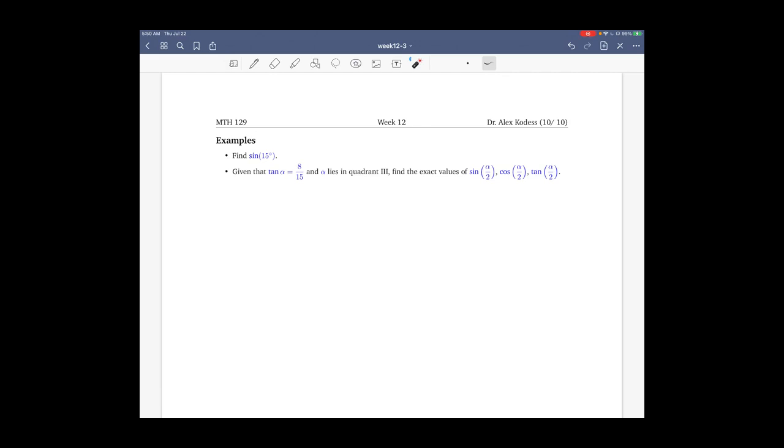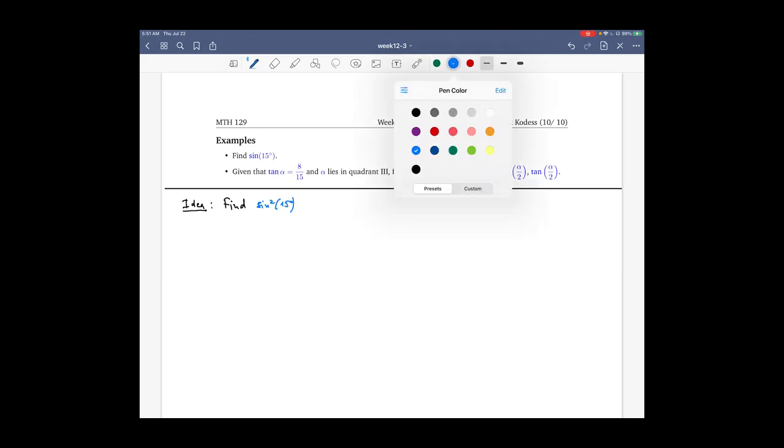And the first example here is asking us to find sine of 15 degrees. So the idea is the following. We're going to find sine squared of 15 degrees first, using the reduction formulas and using our knowledge of sine of 30 degrees.